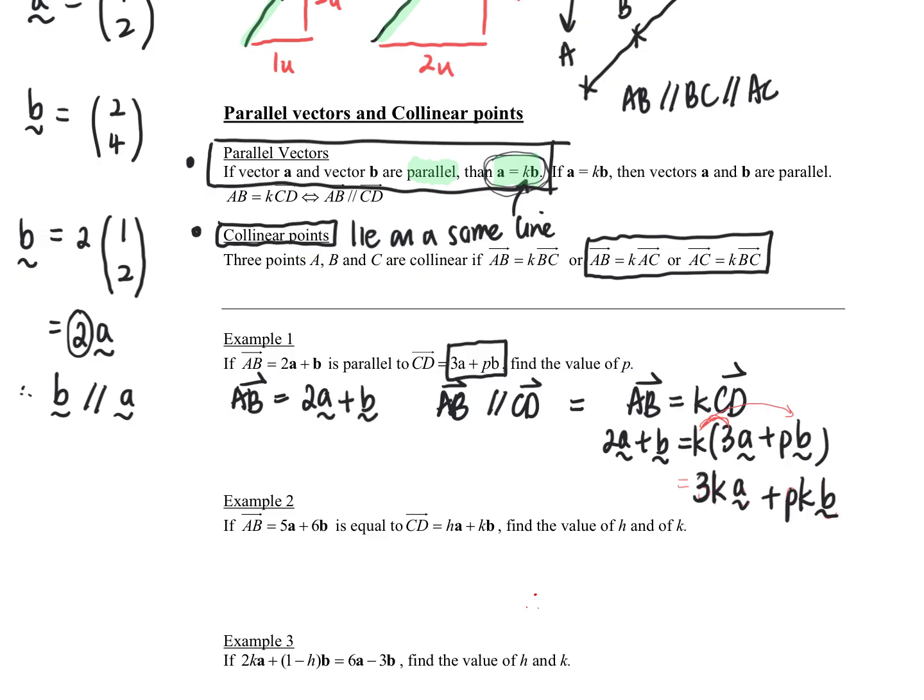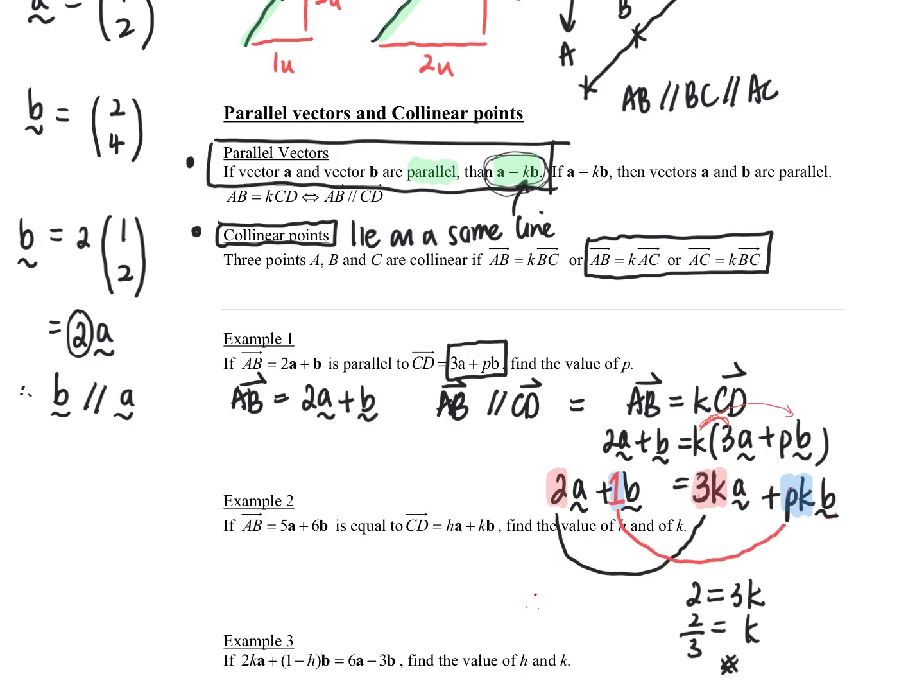Okay. So what happens now is I want to do an apple and apple comparison. So 2 must be equal to 3K. The 1 here must be equal to PK. So if I compare them, since they are equal, it tells me that 2 is 3K, so K is 2/3. The second comparison I make is this.